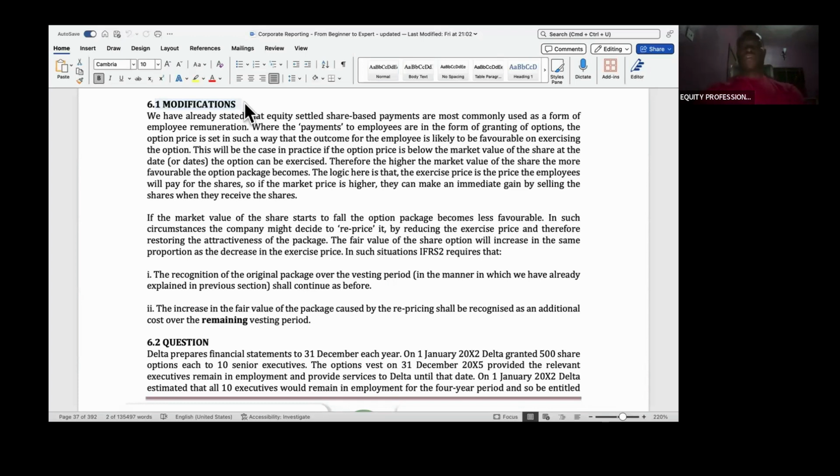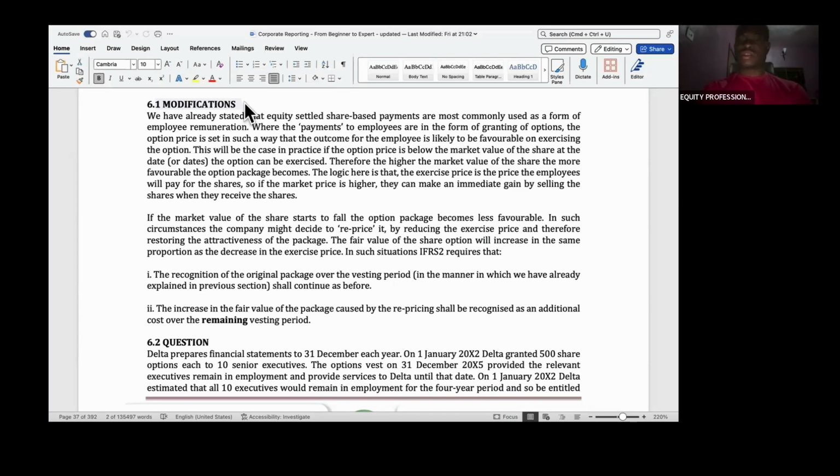And a modification is usually a situation where the share price of the company is falling, resulting in a situation where the company will have to reduce their exercise price.